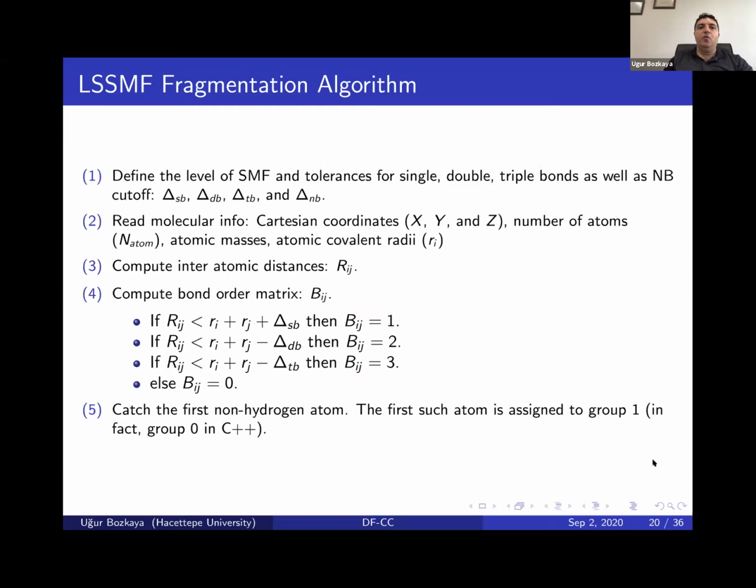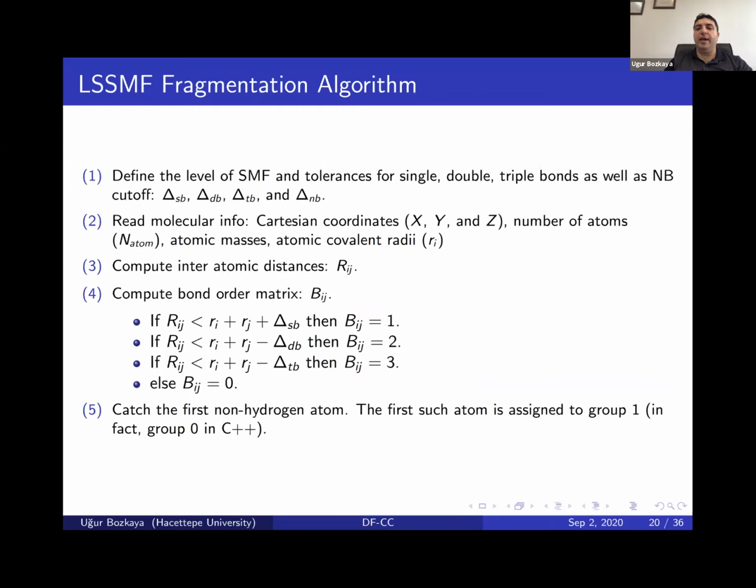And here our LSSMF fragmentation algorithm at first defines the level of SMF and tolerances for single, double, triple bonds as well as NB cutoffs. Then read molecular info, and then compute interatomic distances, then compute bond order metrics to determine the bond order between two atoms. Then catch the first non-hydrogen atom.